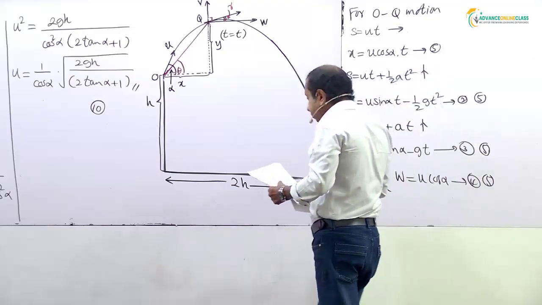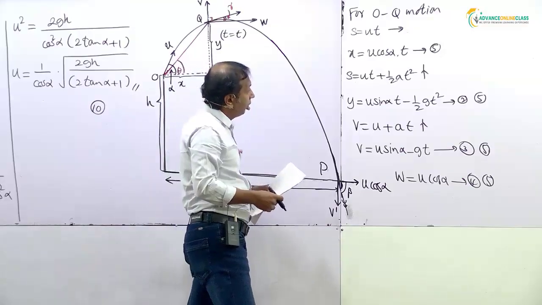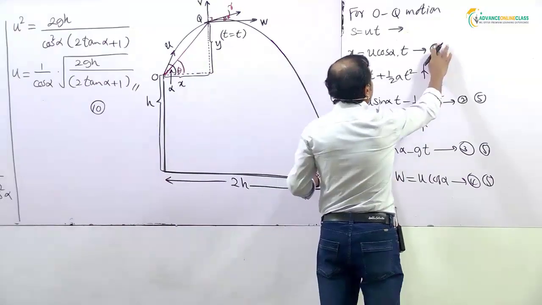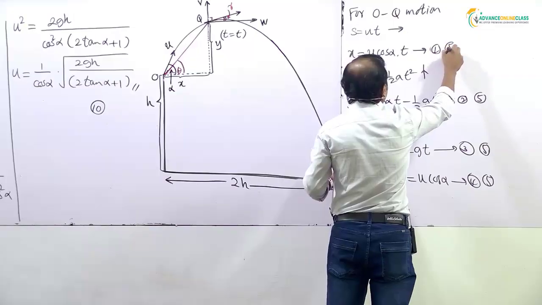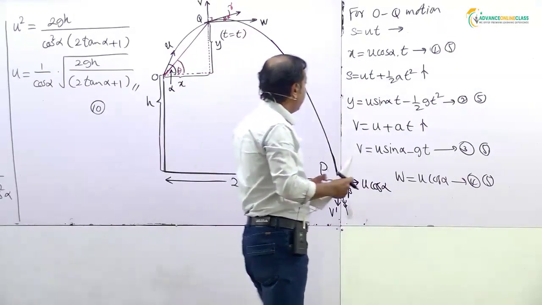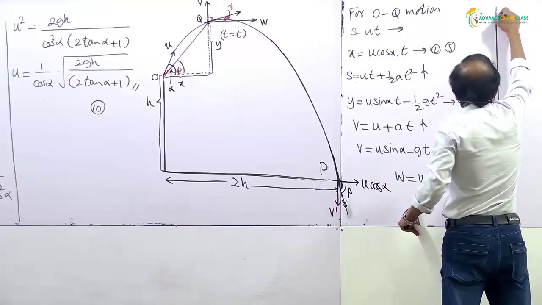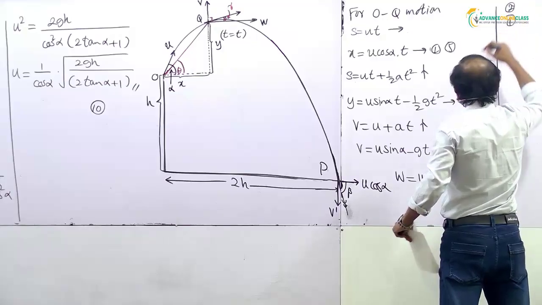Right. 5 marks for each. Then we can take, this is number 1 now. 5 marks. We know y over x is tan theta, no? Divide 2 by 1.